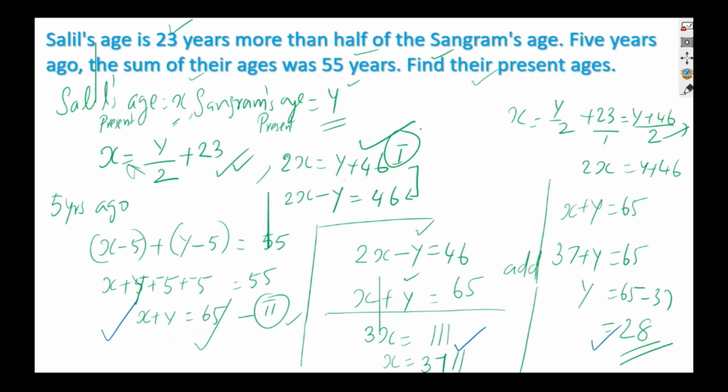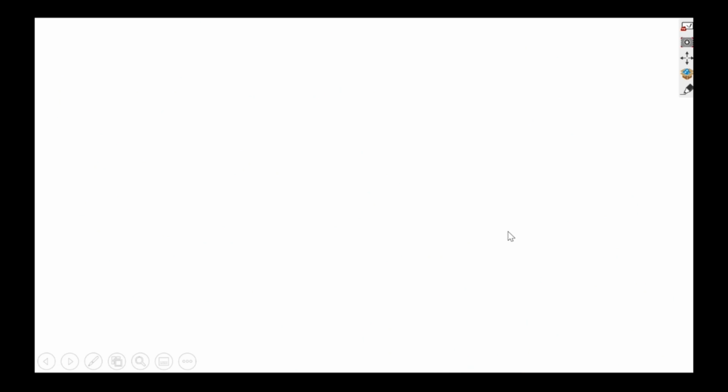Sangram's age we considered as y and we got it as 28. Half of it is 14, and 14 plus 23 is equal to 37. So we are sure that the answer is right. We could satisfy both conditions and our answer is right.